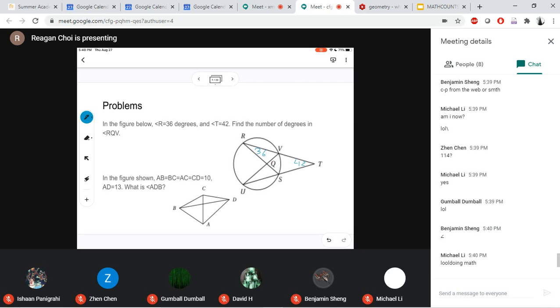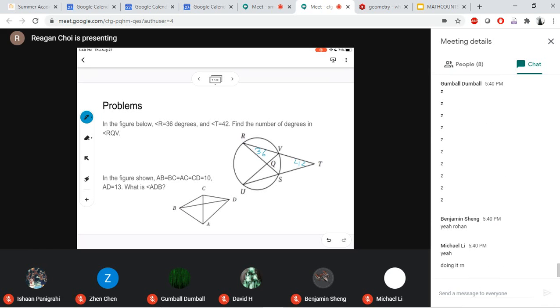When I'm finding RQV, let's see. Alright, any ideas though? I don't know about 114. 102? I don't know about 102 either. I think it's smaller. You guys might be right.